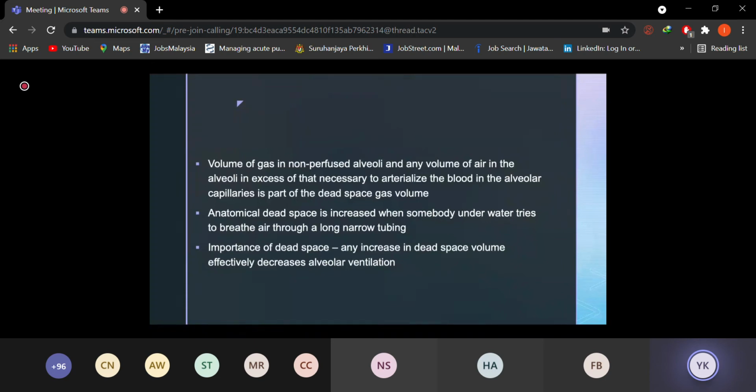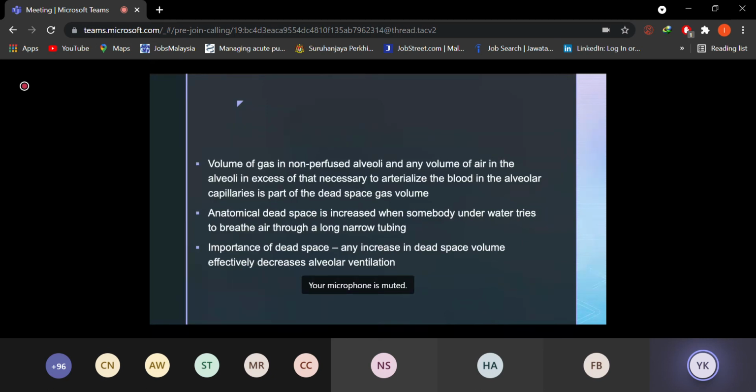So you are extending and increasing the anatomical dead space. Even though the tube is not part of our body, when you are using it, it's like linking to your body. It will become part of your dead space as well.